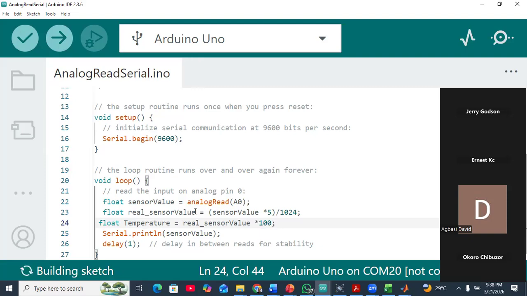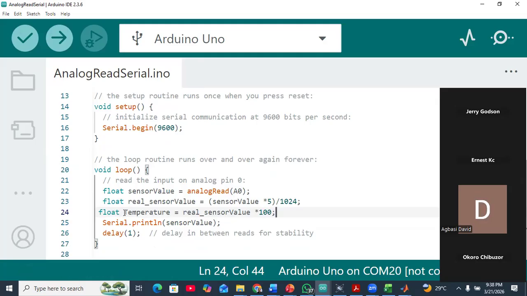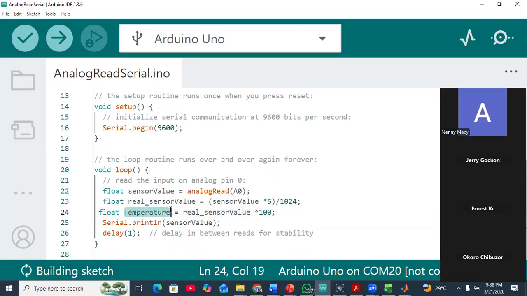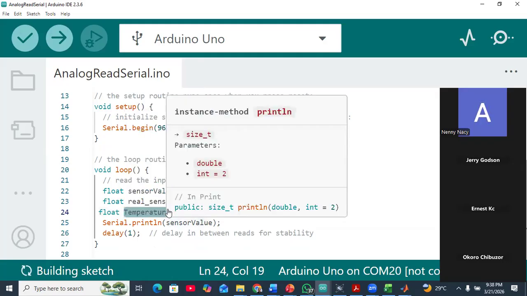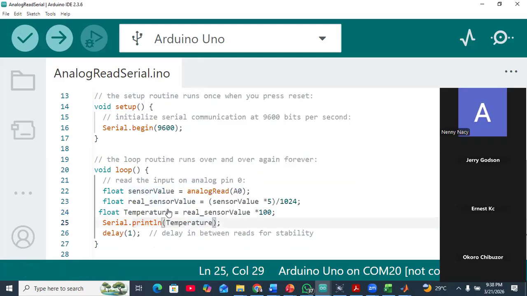What is 2 raised to power 10? Everybody has gone to sleep. It's 1024. You're correct. Okay, we just wait for a second there.